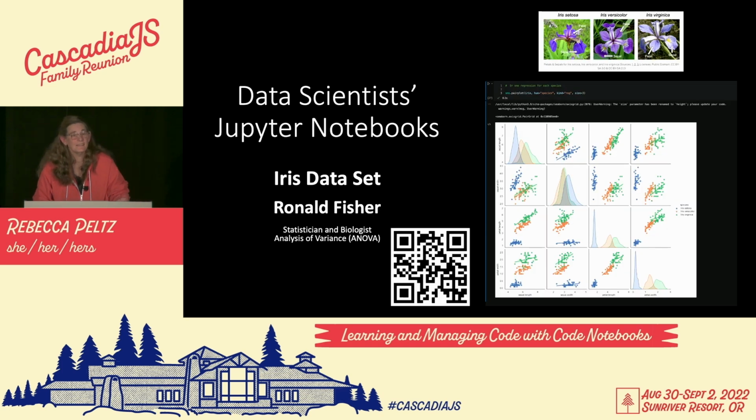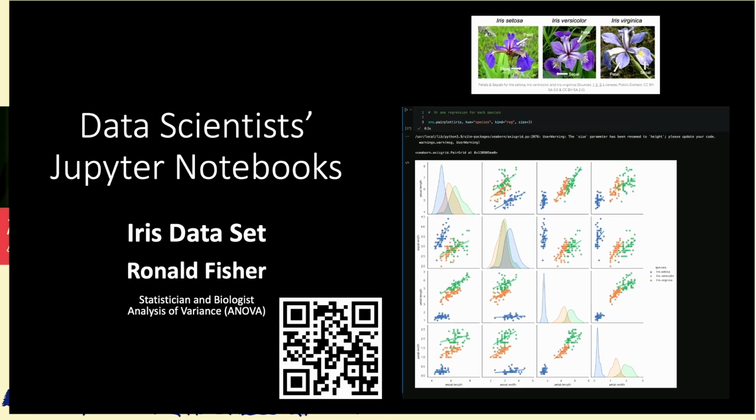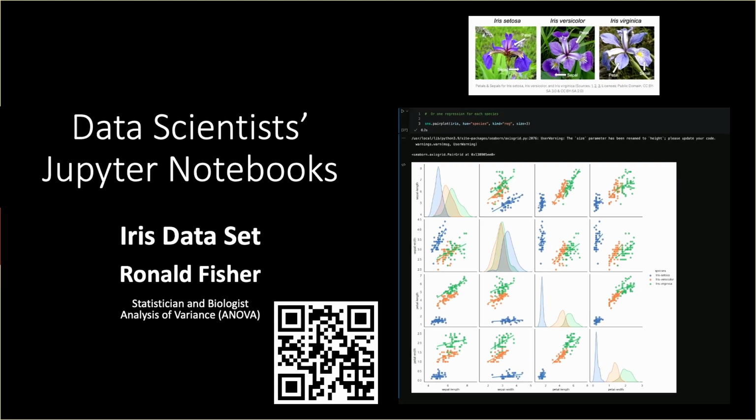So about 10 years ago, many years after literate programming, data scientists started creating Jupyter Notebooks. This QR code takes you to a notebook that I created, and you can pull it up. It's in GitHub.